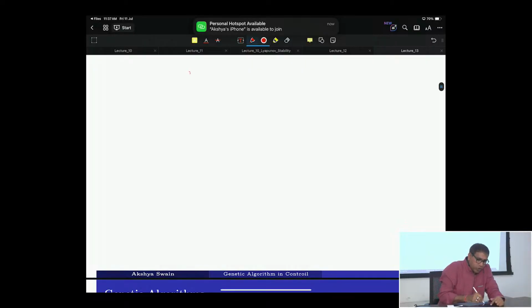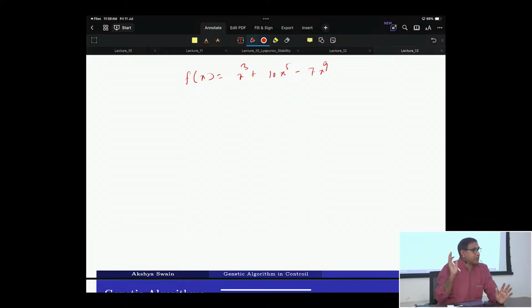Suppose I have got a function f of x, say x cubed plus 10x to the power 5 minus 7x to the power 9, like this, with an absolute value of x. Let us say I want to find out the value of x at which the function has an extremum. Minimum or maximum doesn't matter.